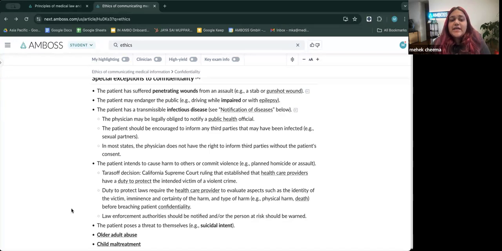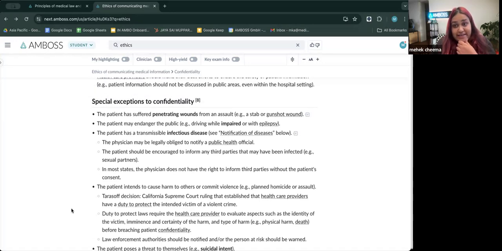If the person might endanger the public, apart from that, there's notification of diseases. So, for example, if a patient comes with COVID, you have to report COVID because it comes under notification of diseases. And if the patient might commit violence, if they might endanger themselves or someone else's life, this is where there are some exceptions to confidentiality.